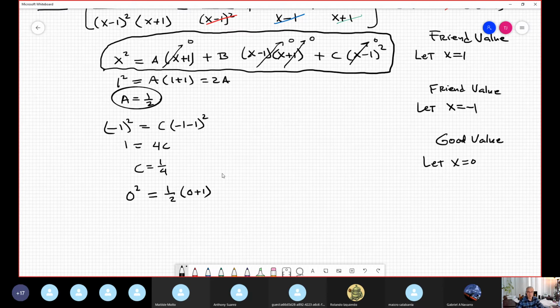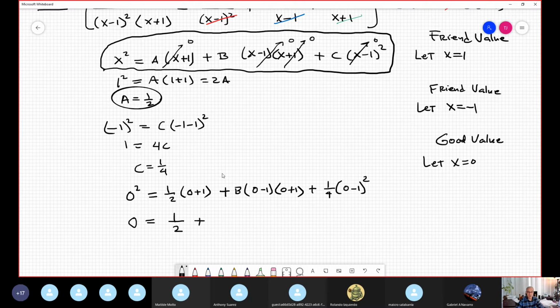And after, in the second line, I fix that. B, no idea. Who is B? So 0 minus 1 and 0 plus 1, plus C, C is 1 over 4, times 0 minus 1 squared. Okay, ready. This is 0. This is 1 half. It's obvious, right?